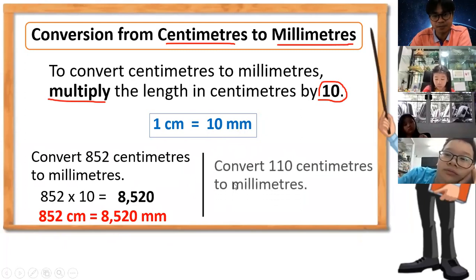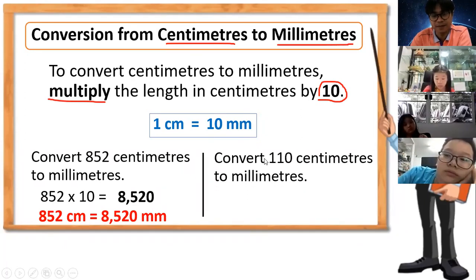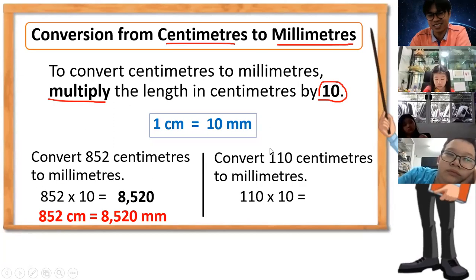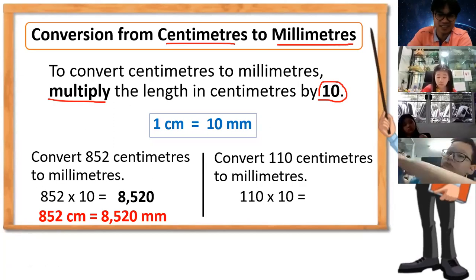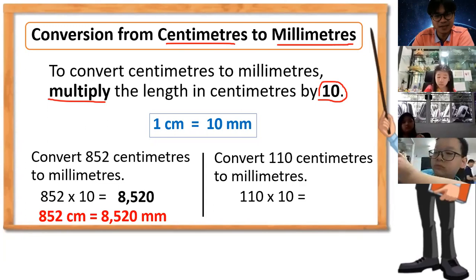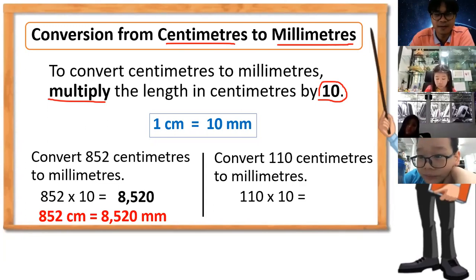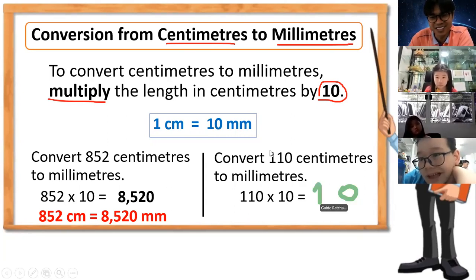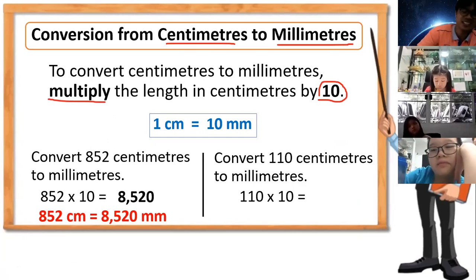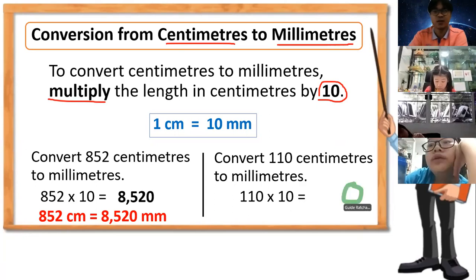Another example here. How about this? Convert 110 centimeters to millimeters. Times 10. What's the answer? 110 times 10 equals 1,100.